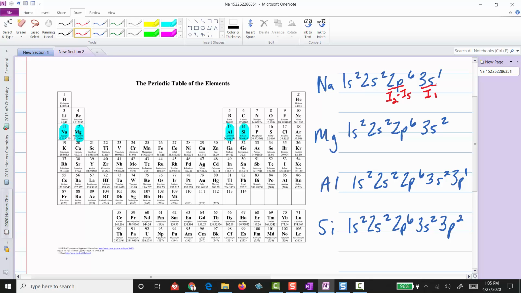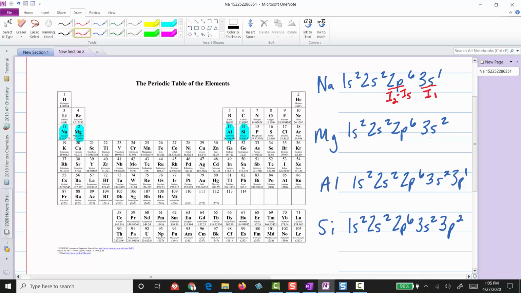So in sodium, we would expect, because the second energy level is much closer to the nucleus, to see a large increase when we go to try to get that second electron. The first electron is out in the third energy level, so easy to get, but then that second one is going to be a lot harder to get because it's way closer to the nucleus.